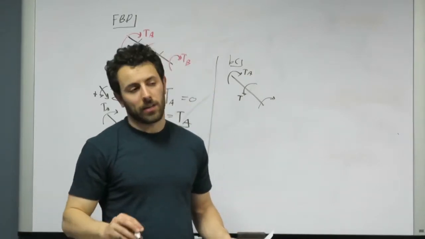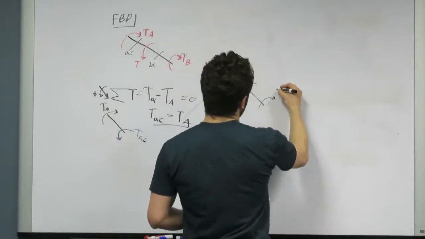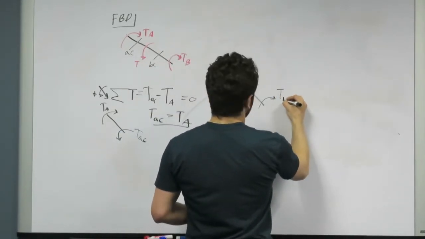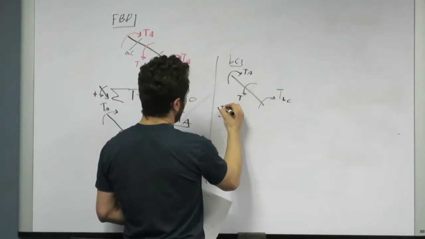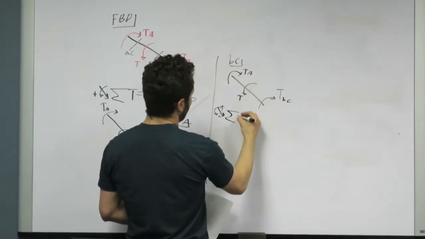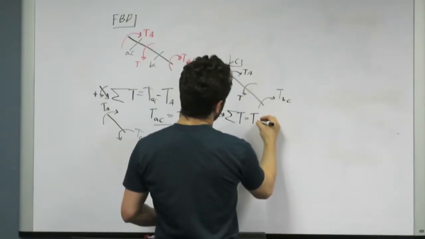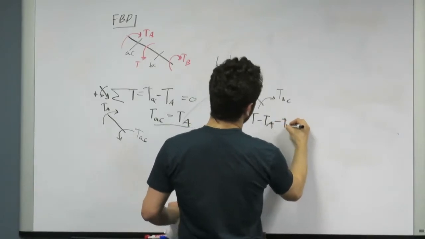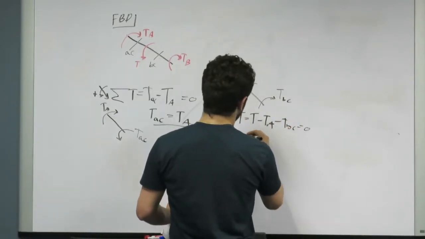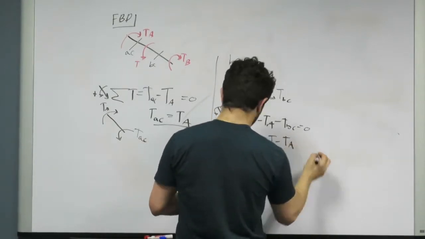If you know the load, you might be able to assume correctly and get the right guess. So TBC. Again, assuming this direction is positive, we get T minus TA minus TBC equals 0, so TBC equals T minus TA.